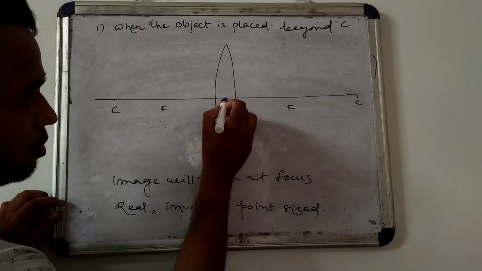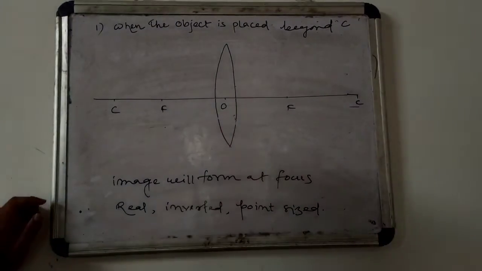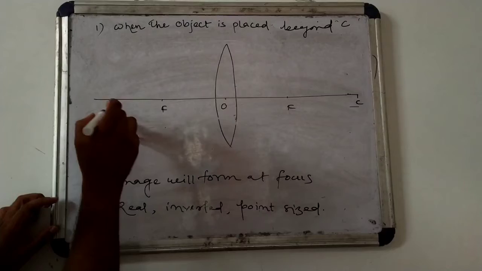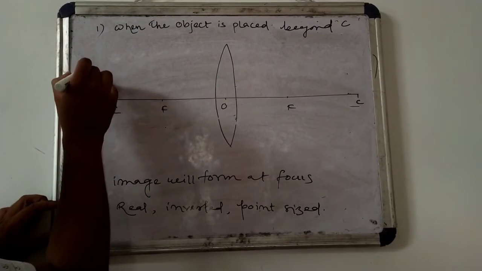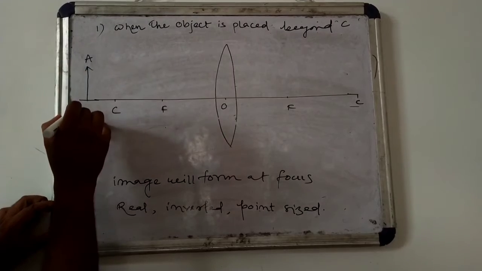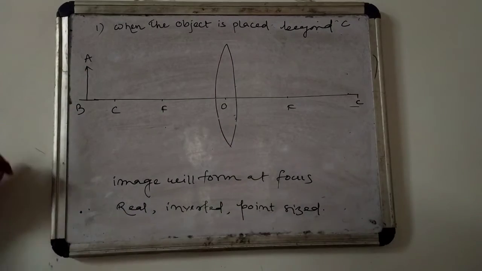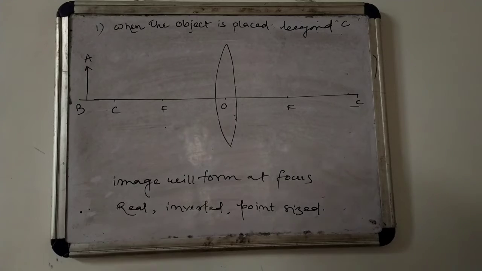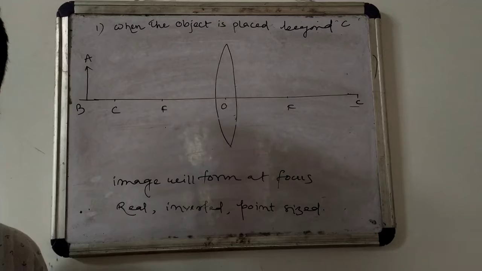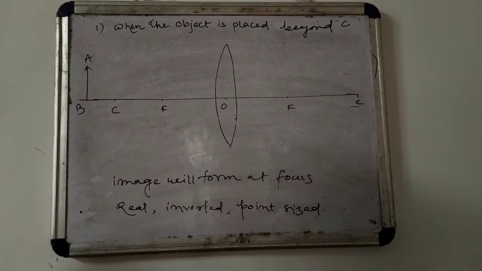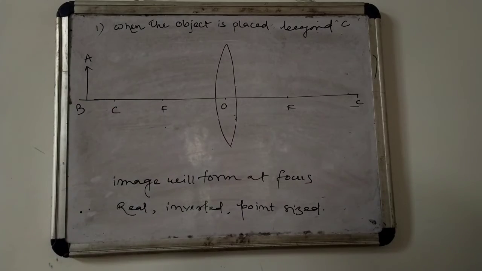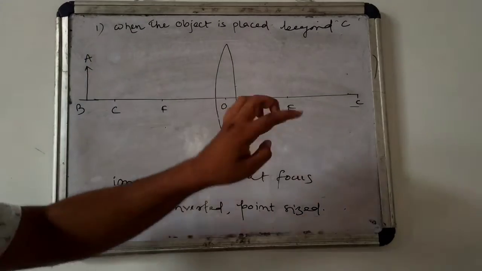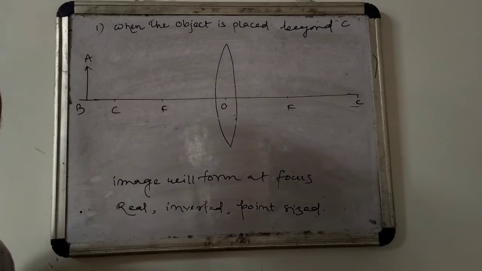So this is our optical center. Now we place the object beyond C, that means here. Suppose this is our object AB. In drawing this image formation, we have to take only two rays. One ray will be parallel to the principal axis and another ray will pass through the optical center.